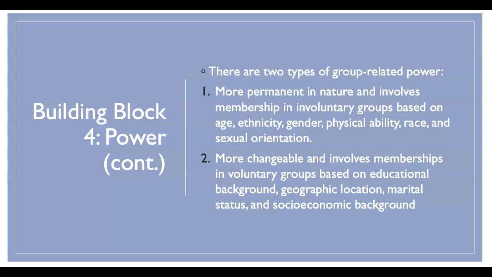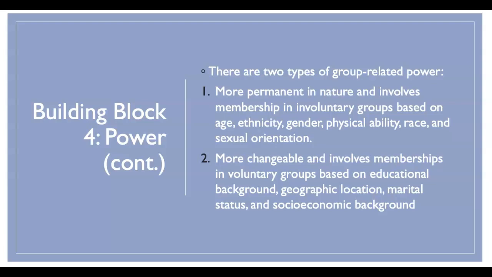So there are two types of group-related power. The first is more permanent in nature and involves membership in involuntary groups based on age, ethnicity, gender, physical ability, race, and sexual orientation.